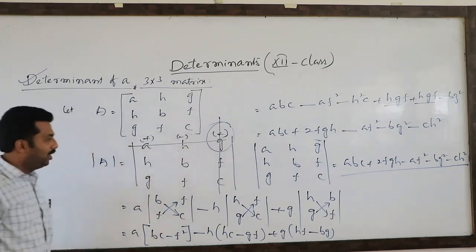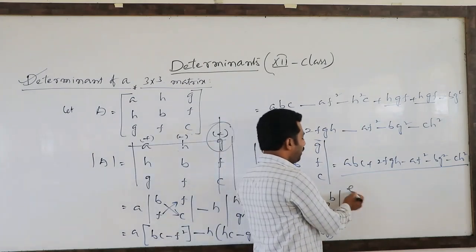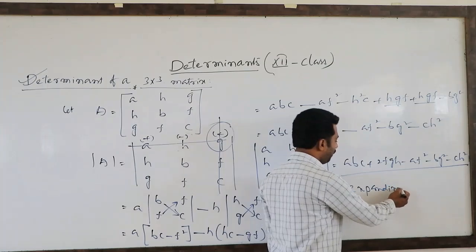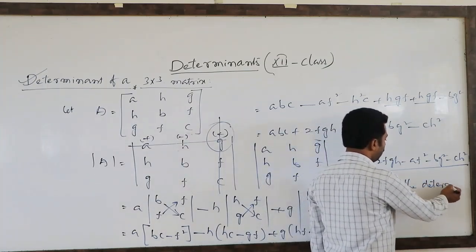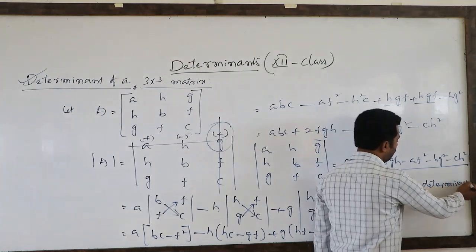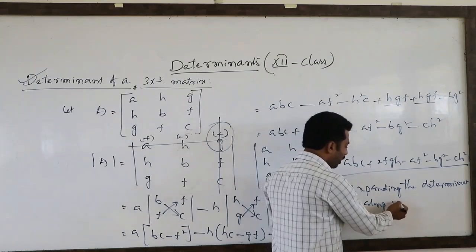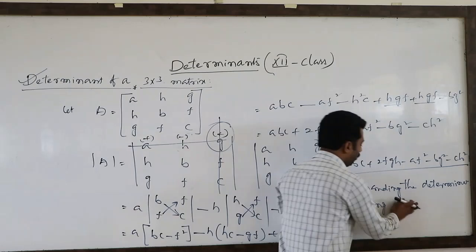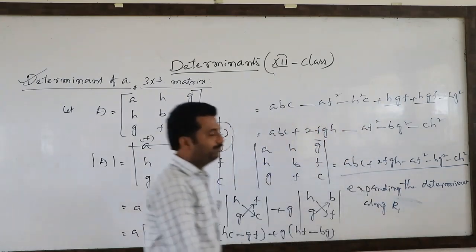What we got like this is called expanding the determinant along the first row, or R1 row. You have to take along R1 row.